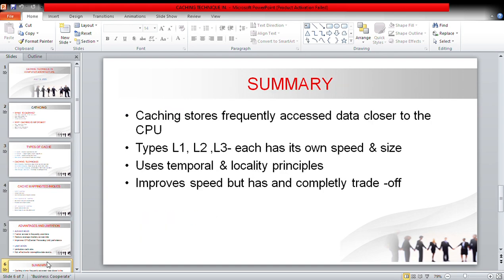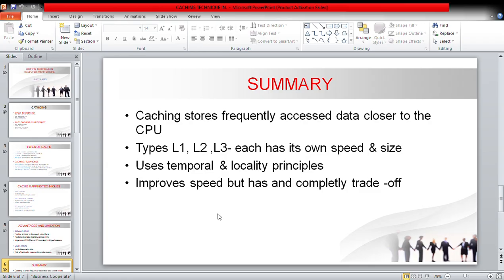Summary: at the end of this lesson, you should be able to explain what caching is, caching techniques, and all those things. Caching stores frequently accessed data closer to the CPU for easier retrieval, in case you need it in a short period of time. It occurs at various levels within the computer system, each with its own characteristics and purpose.